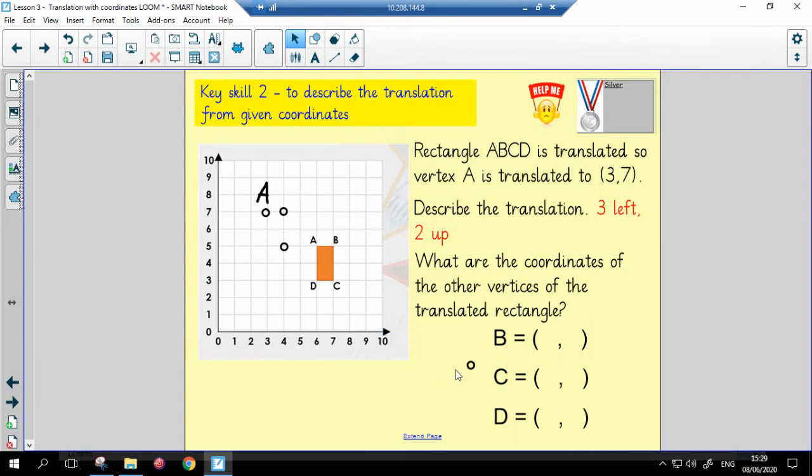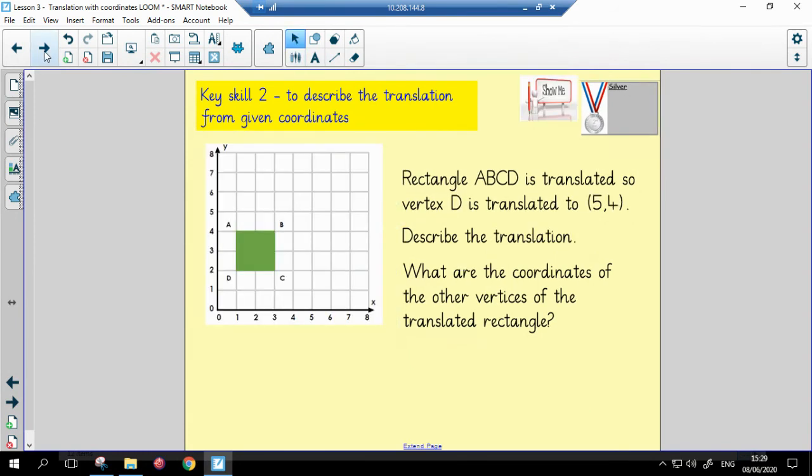And D, oops, D is 1 across again. And I'm going to label them. And that's where the rectangle has been translated to. What I'd like you to do now is to give me the coordinates of that translated rectangle. And when you're ready, please move on to the next part of the presentation.